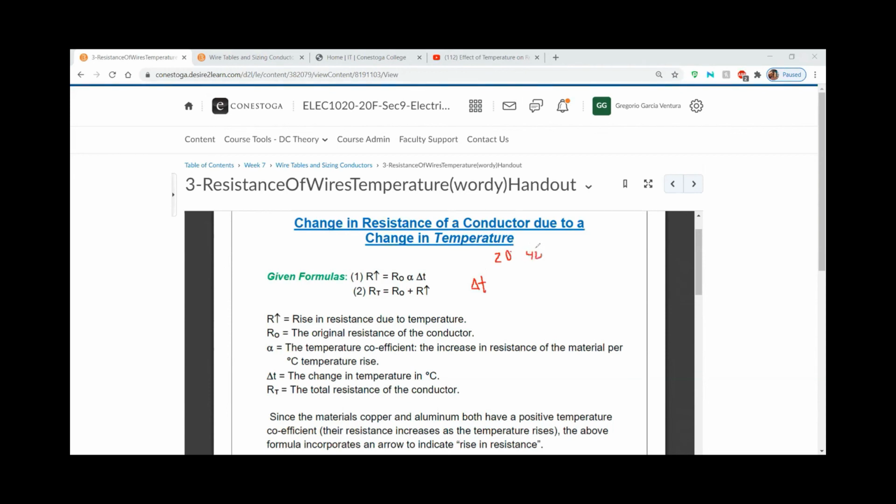What you have to find in this case is how much is my delta T. My delta T is going to be 40 minus 20, because you just want to see how much the temperature has changed. That is, of course, a change of 20 Celsius. So in here, you would be using your 20 Celsius, and in here, you would be using your 0.0039.